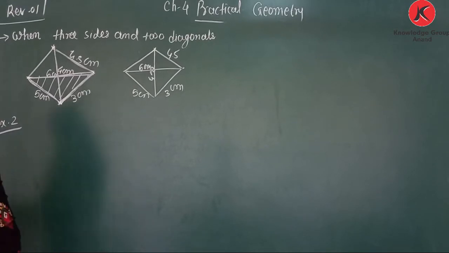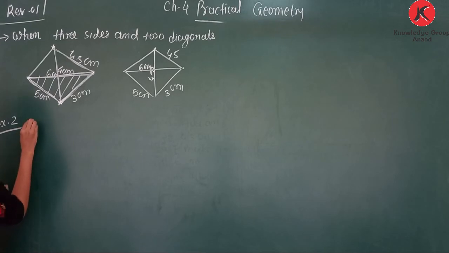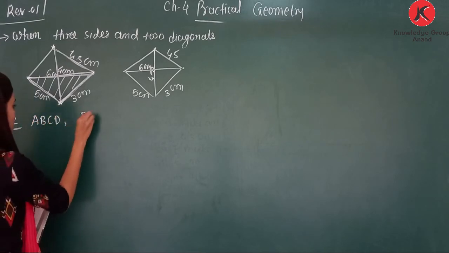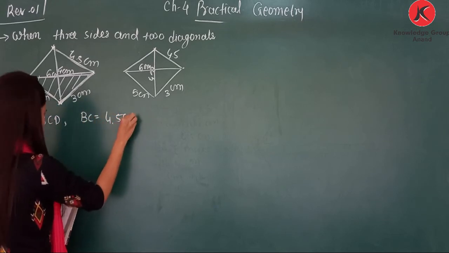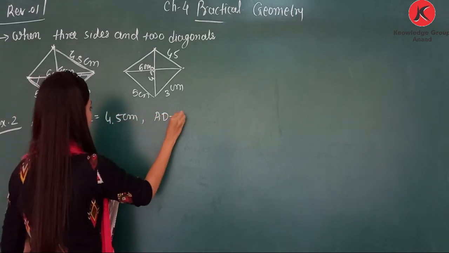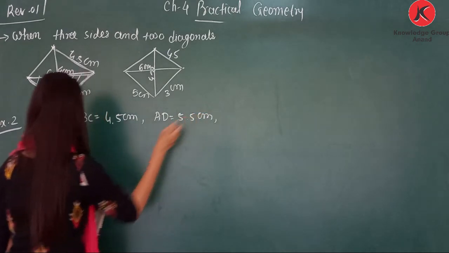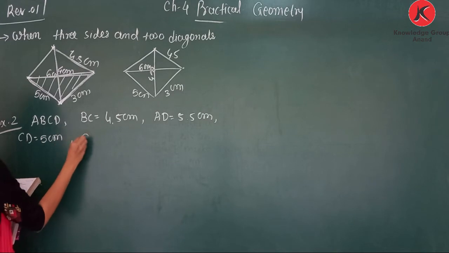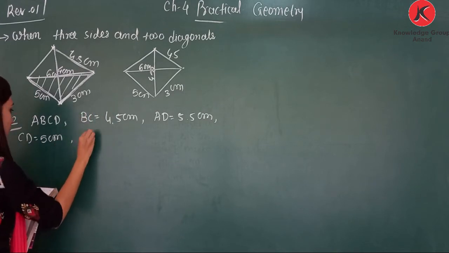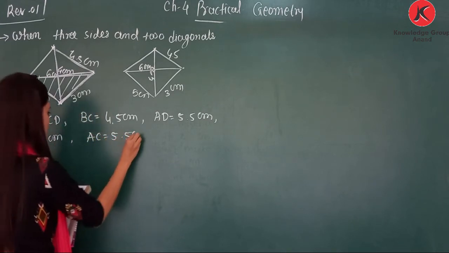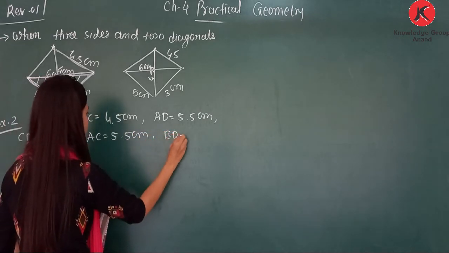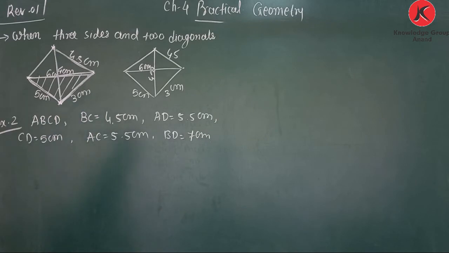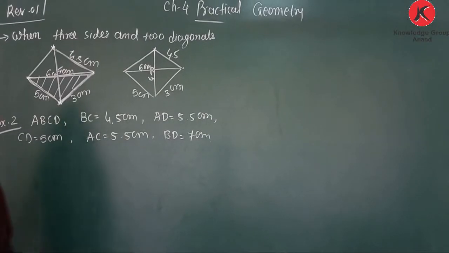It is ABCD where BC is 4.5 centimeter, AD is 5.5 centimeter, CD is 5 centimeter, diagonal AC is 5.5 centimeter and BD is 7 centimeter. Always draw a rough figure first so you will be clear where we need to start.